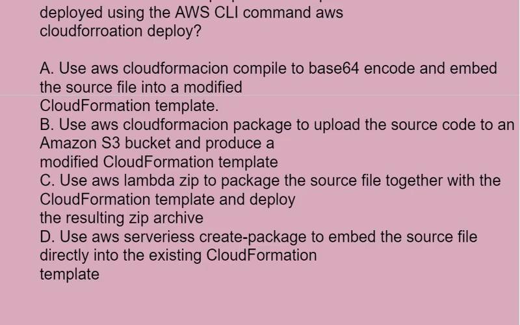Option C. Use AWS Lambda zip to package the source file together with the CloudFormation template and deploy the resulting zip archive. Option D. Use AWS serverless create package to embed the source file directly into the existing CloudFormation template.